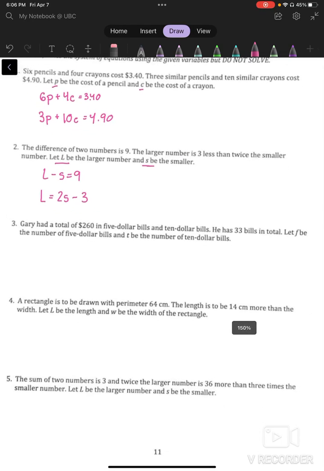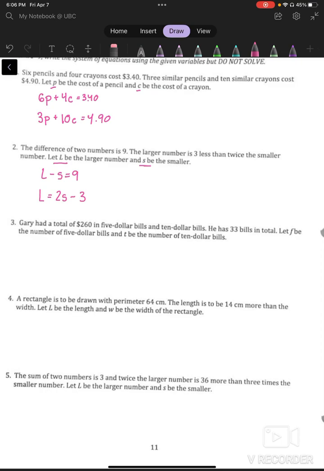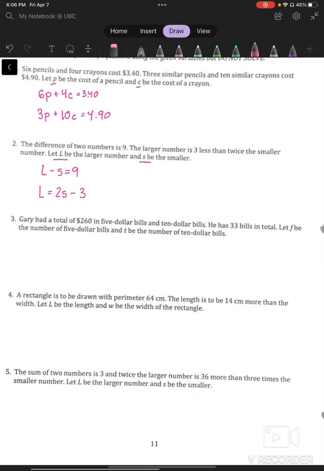Number 3, Gary had a total of $260 in $5 bills and $10 bills. He has 33 bills in total. Let F be the number of $5 bills and T be the number of $10 bills.